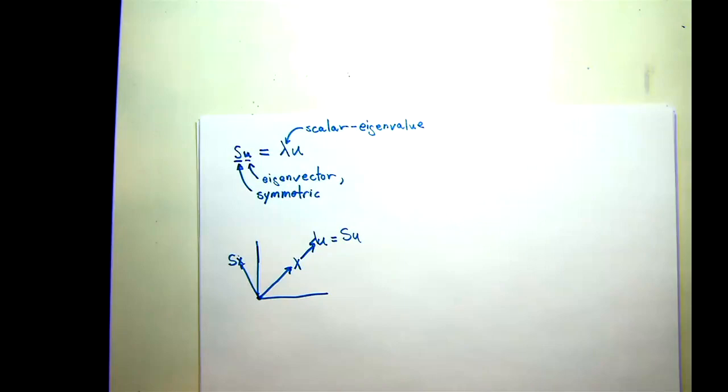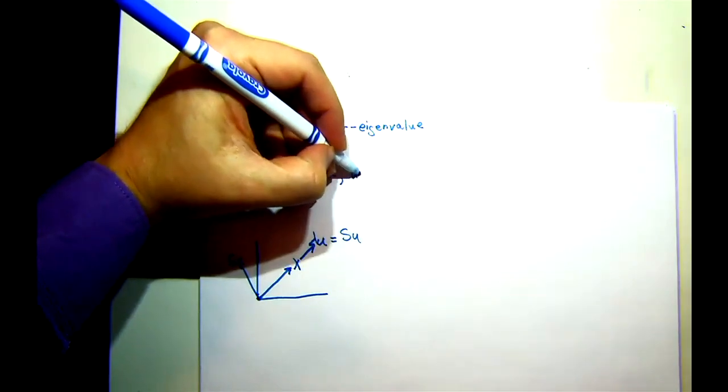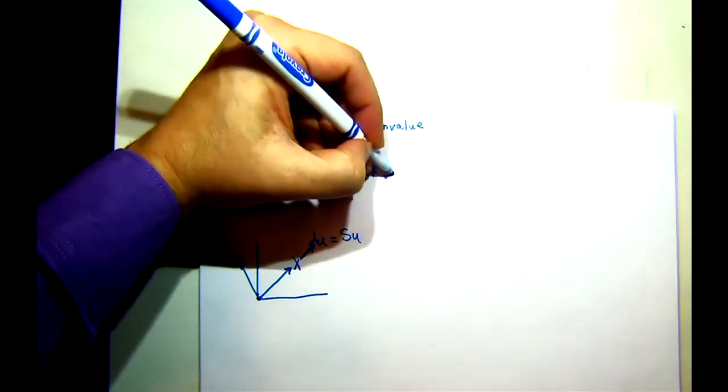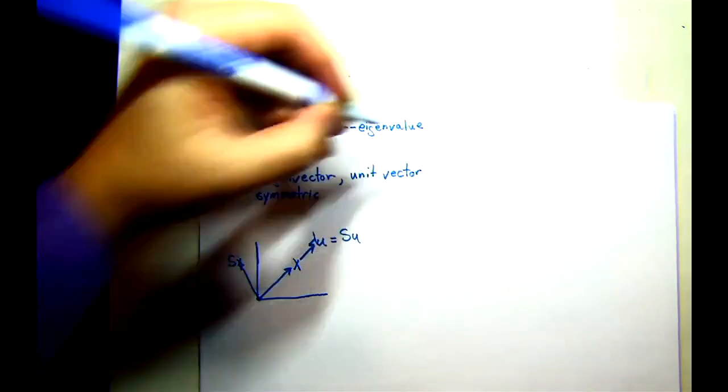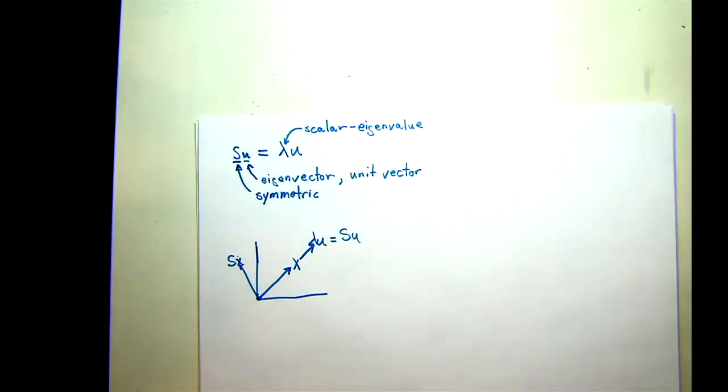So we're going to just enforce by default that these are actually unit vectors. And that'll allow us to compare the eigenvectors and eigenvalues with each other, because they'll all be on the same scale. So if you get an eigenvector that isn't a unit vector, you can just rescale it.